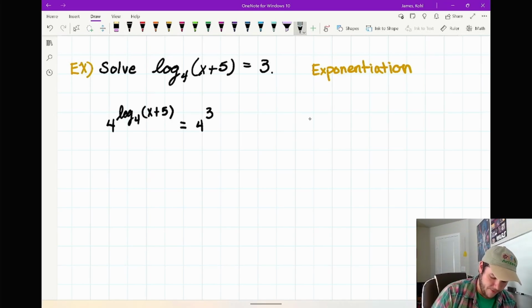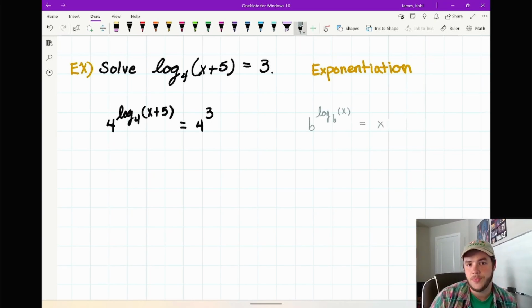And that is, if I have b to the log base b of x plus 5, or of anything really, let's just say of x, this is just equal to x. They cancel each other out. Remember that log base b of x is the inverse function to b to the x. So when I plug in f of f inverse of x, I just get back x.